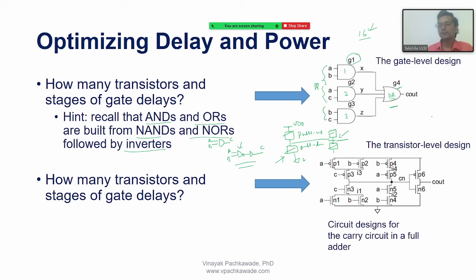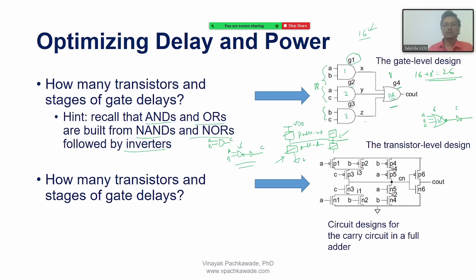I will first implement the 3 input NOR logic, A, B, C, followed by an inverter. Simple. So how many transistors do I need here? 6 transistors plus 2, 8 transistors, right? So 18 plus 8, 26 transistors are needed. Yes or no? Yes, sir.